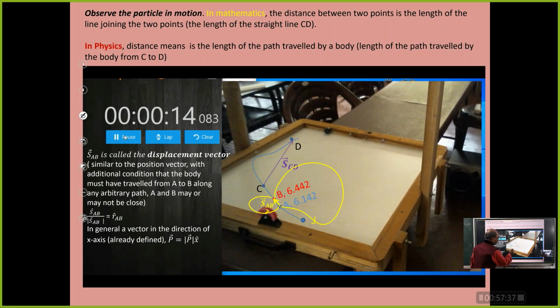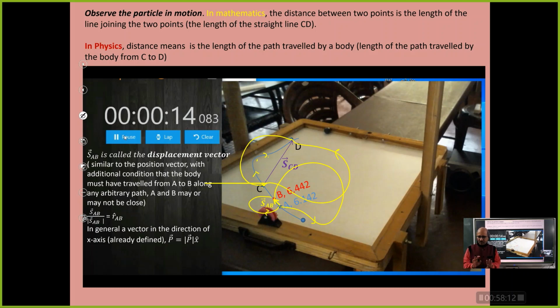Irrespective of the path chosen, the displacement of the body is S bar AB. Now, in this case the body has actually traveled along this path, and I will call this path 1. If the body had traveled along this path, still the displacement of the body from this point to this point is S bar CD.